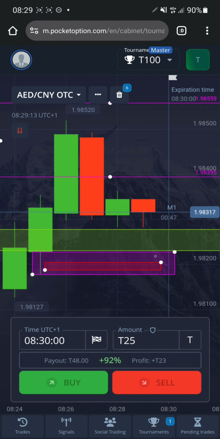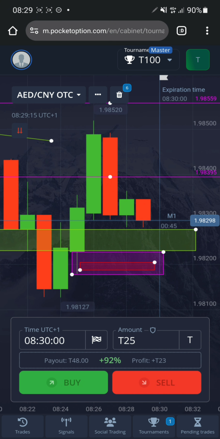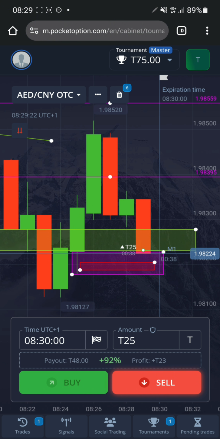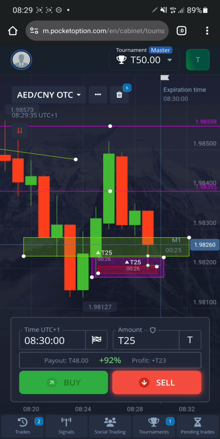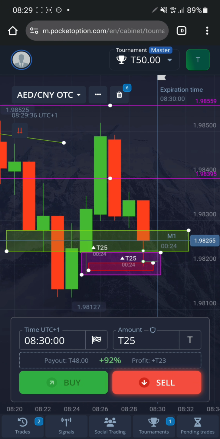If we enter the red zone also, we'll take another one. Okay, good. So that is the first one. Second one here. So that will be our first and second trade for the day.